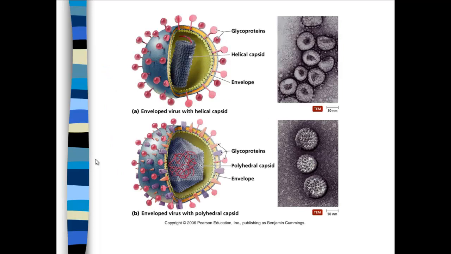You'll see that enveloped viruses can have helical capsids, or enveloped viruses can have icosahedral capsids. And they have different glycoprotein spikes. Here's an example of a virus with a helical capsid, and you can see the glycoprotein spikes here. And then here are some enveloped viruses with polyhedral capsids.